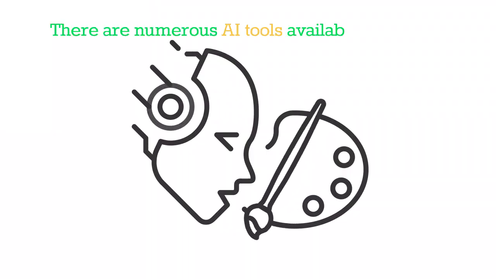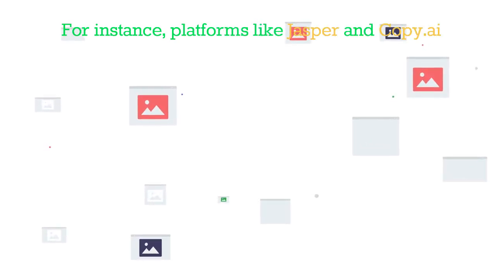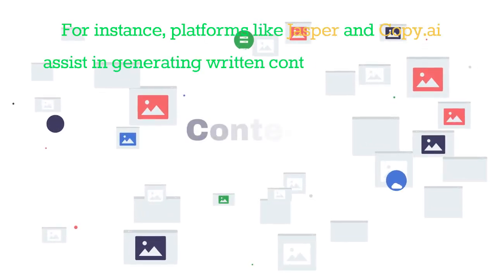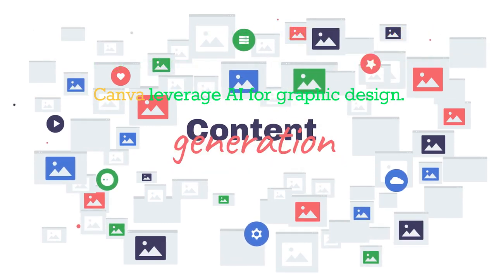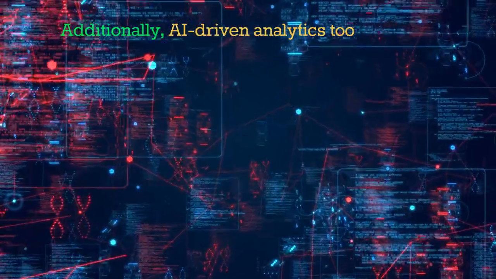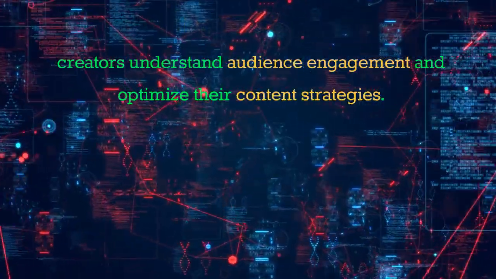There are numerous AI tools available for content creators today. For instance, platforms like Jasper and Copy.ai assist in generating written content, while tools like Canva leverage AI for graphic design. Additionally, AI-driven analytics tools can help creators understand audience engagement and optimize their content strategies.